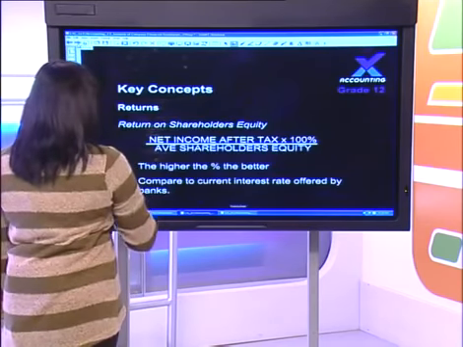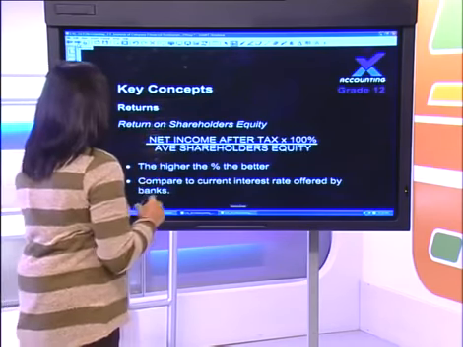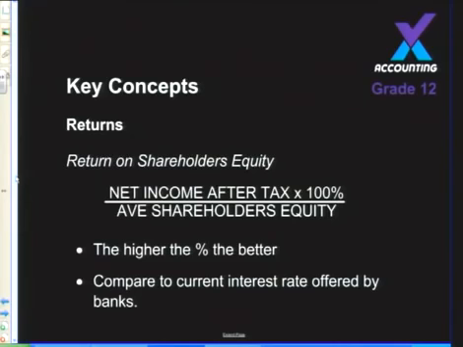Okay, right, and then guys, the very last ratio that we are discussing before we look at an actual example is your return on shareholders' equity. Here, we're going to take net income after tax, which I obviously get from my income statement. Again, divided by, this time, average.